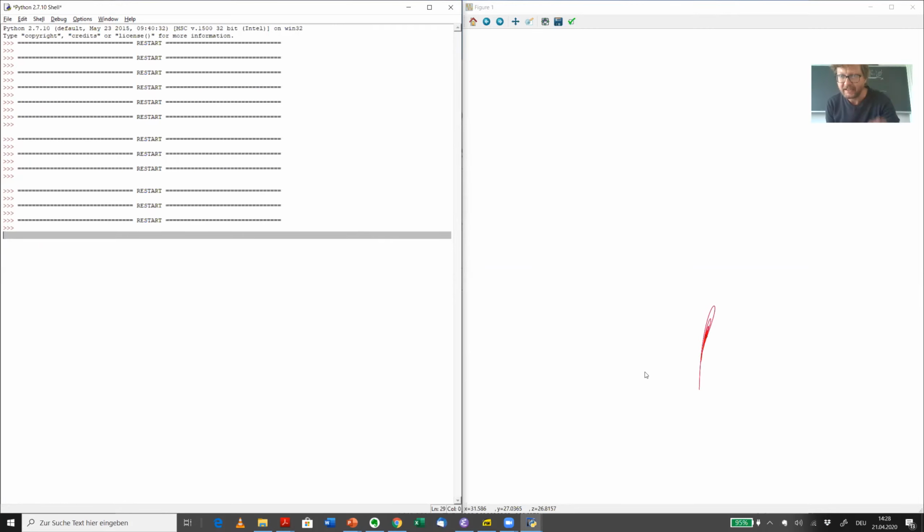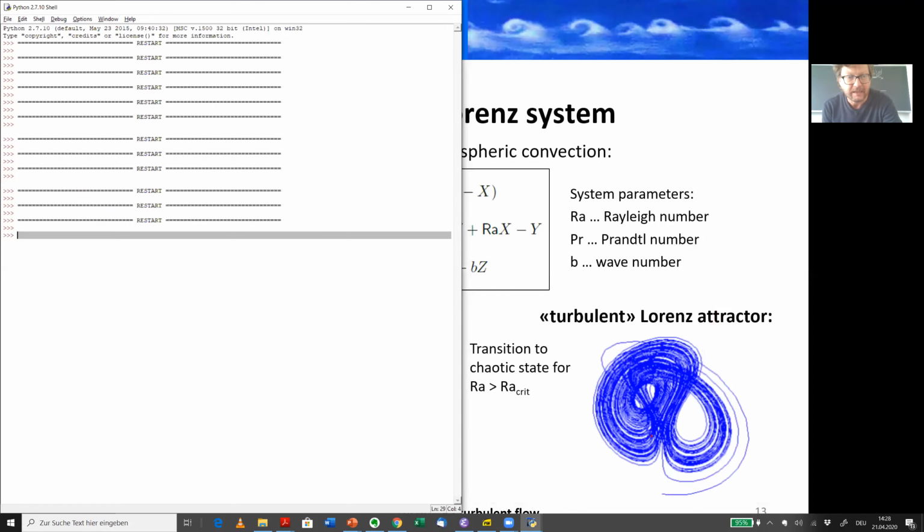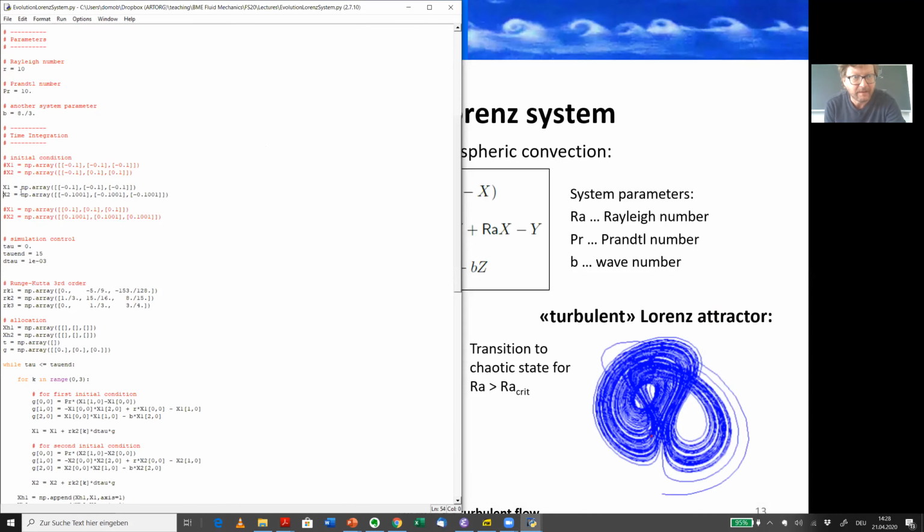Okay, so we take these starting points, which looked rather boring in this case, and we're going to start them again. But this time we keep these starting points, and we increase the Rayleigh number. So we increase the Rayleigh number to 28. There's some hindsight why I chose this number.